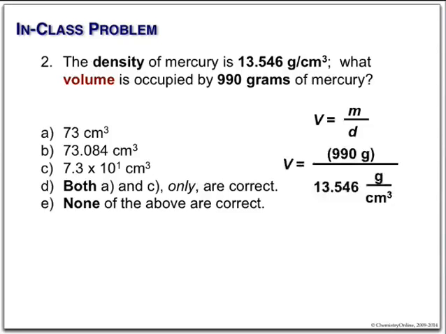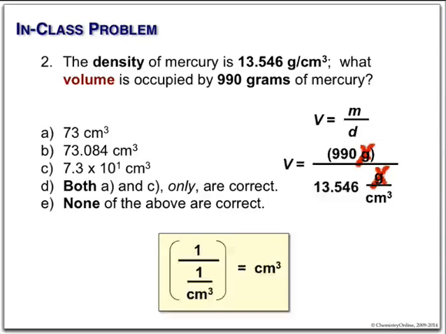Now when we see something like this, remember, please, we have cubic centimeters in the denominator of the denominator. Our grams are going to cancel, but because our cubic centimeters are buried all the way down there, 1 over cubic centimeter is equal to cubic centimeter.